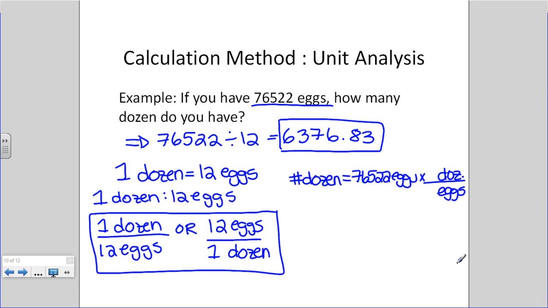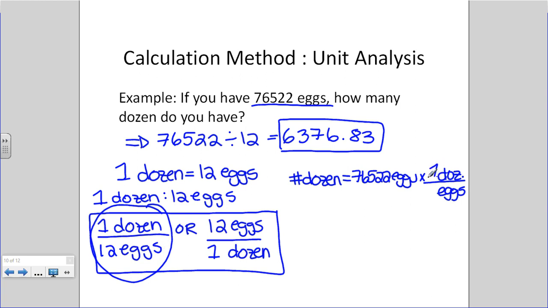So dozen. So looking at this, I don't have any numbers in yet, but which of these two ratios would fit in there? Dozen per 12 eggs or 12 eggs per dozen? If we look, our first fraction that we wrote out over here, our first ratio matches our units, dozen in the numerator and eggs in the denominator. Numerator, denominator.